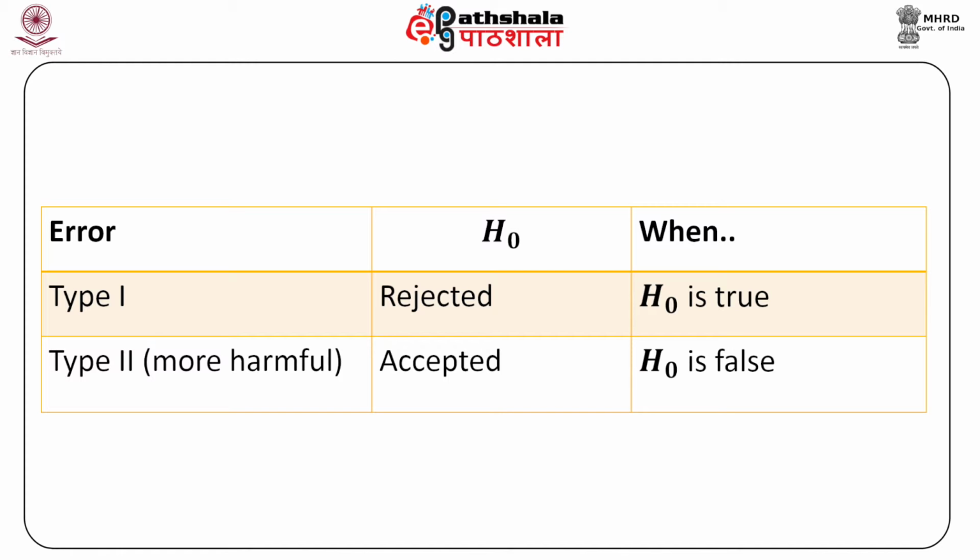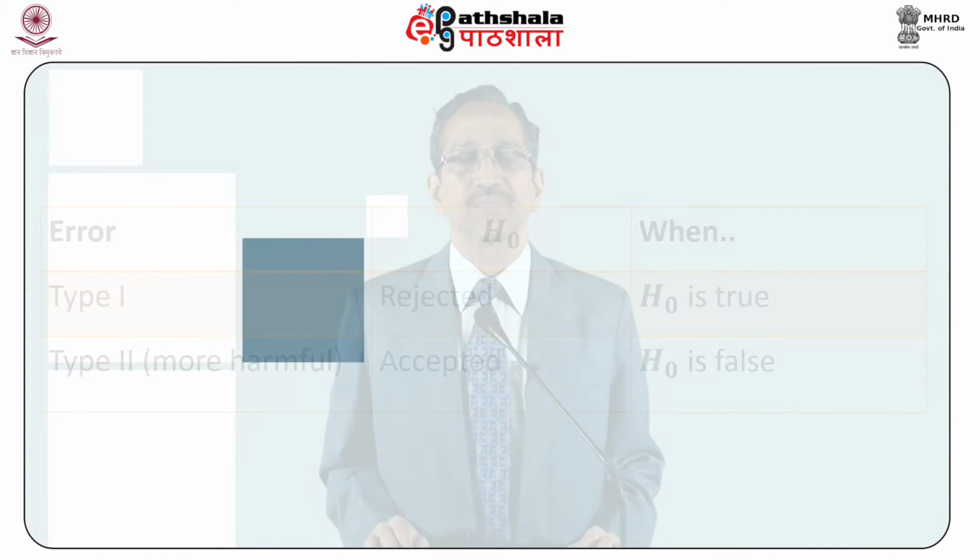So, you can see what is type 1 error and what is type 2 error. Now, the power of a test can be calculated by subtracting the probability of type 2 error from 1, which means it is 1 minus type 2 error. And the maximum possible power can be equal to 1 if there is no type 2 error.